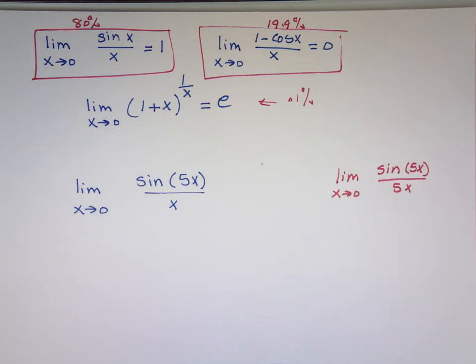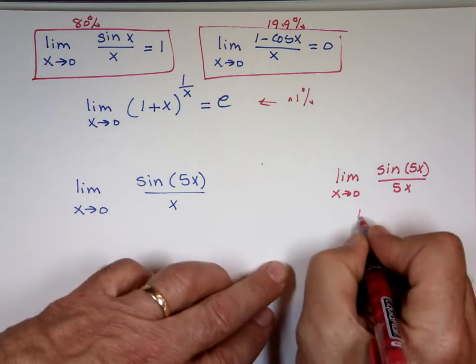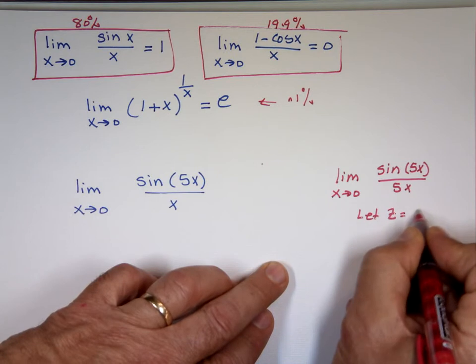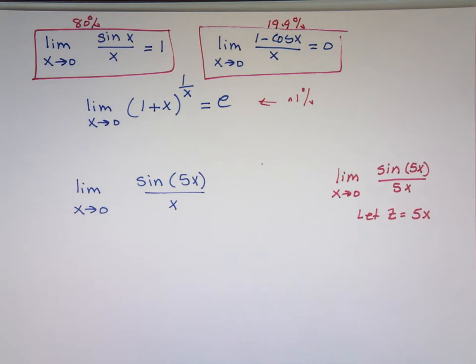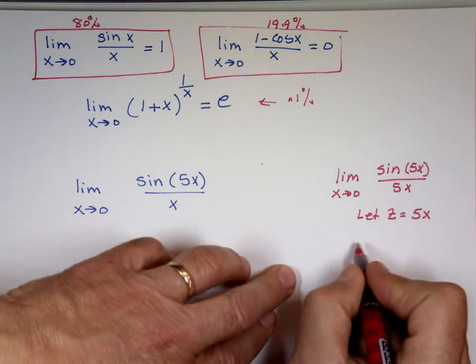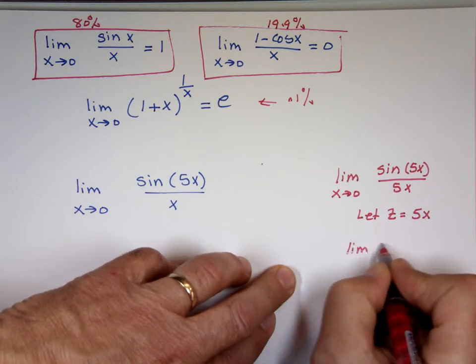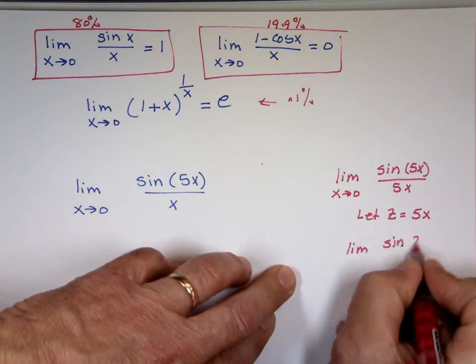I say, you know what? Let z, a beautiful letter here, equal 5x. Let z equal 5x. If I do that, I can make this problem the limit of sine z over z.